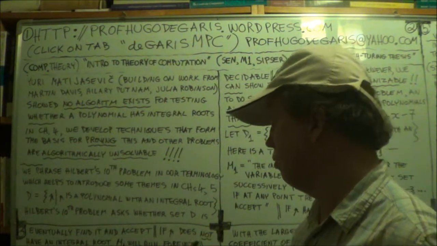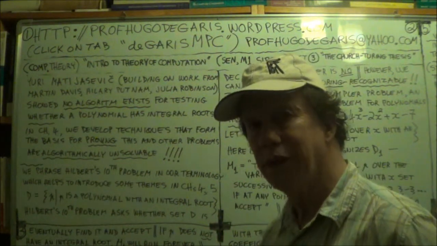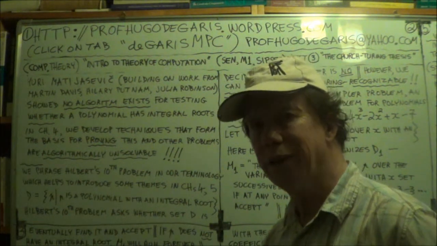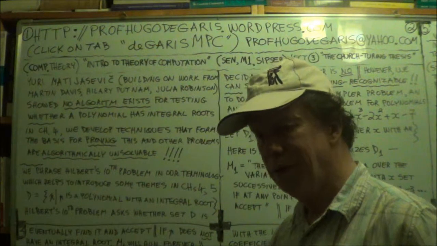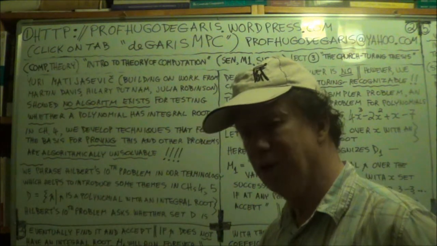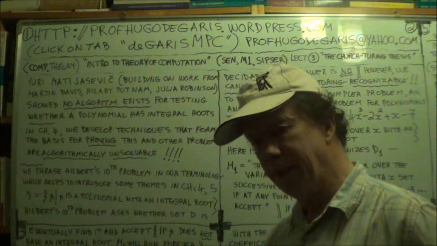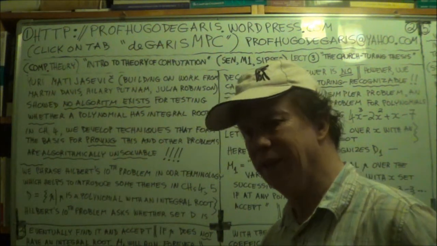Then your machine M1 will run forever. Okay? And that by definition is looping. That's looping. And a machine that loops does not decide. Okay? So that Turing machine, and hence that algorithm, is not deciding.